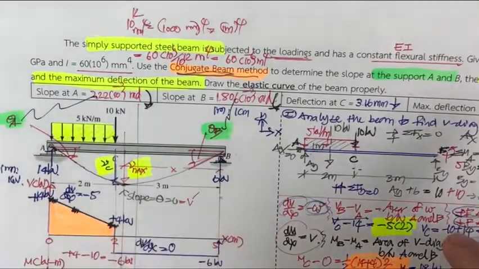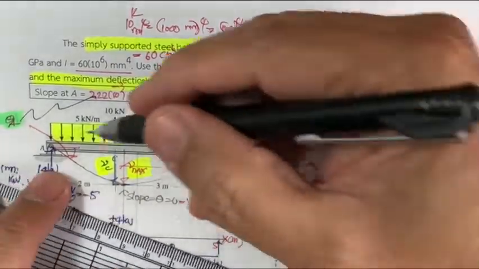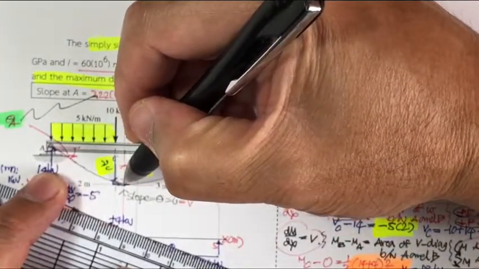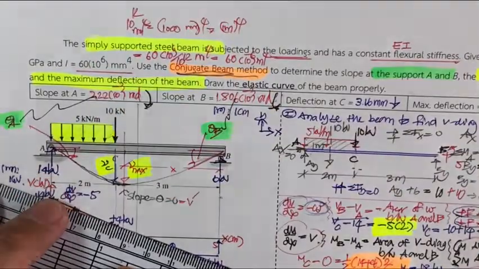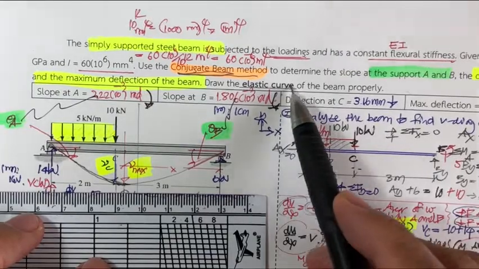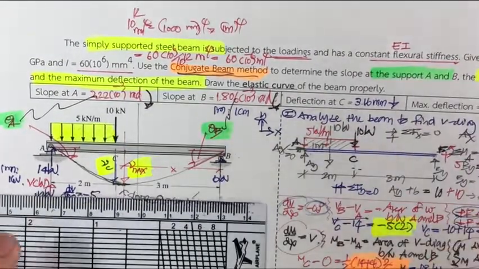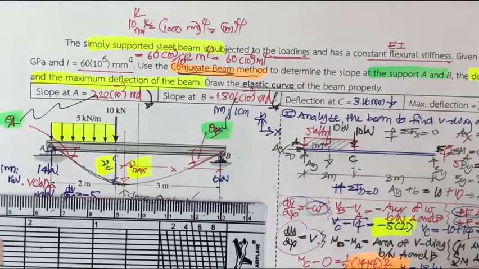The scale is hard to determine because it's supposed to be closer than this. The area, if you put it, is going to be really the same curve. And you can see the exact elastic curve after you determine the value of the slope and of the deflection. And now you may check if this beam is strong enough when you compare with the allowable deflection.